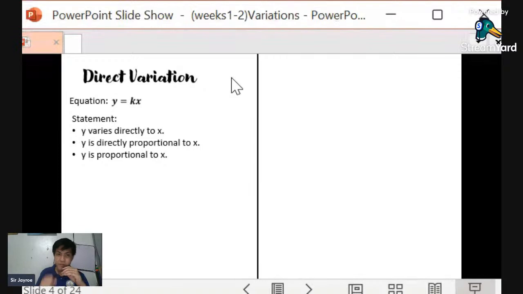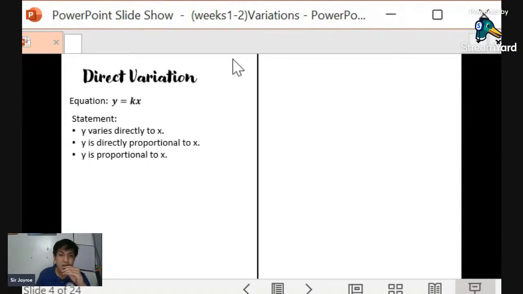Okay? So paano natin malalaman kung yung equation is direct variation? So here, if you're going to observe, yung equation ng direct variation, yung k na constant, katabi niya yung isang variable. Kapag yung k at saka yung isang variable ay magkatabi, so that is direct variation.